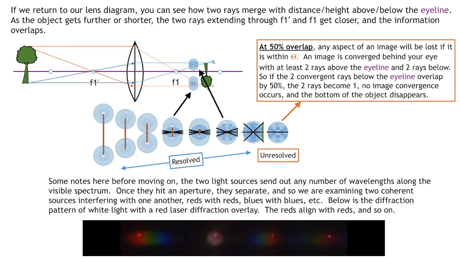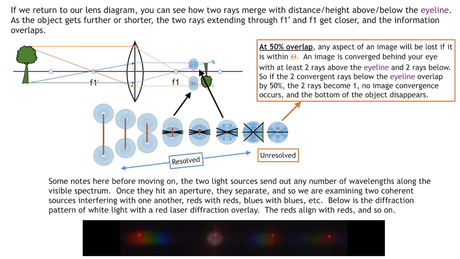and so you can see the 2 rays are a little closer together behind the focal point F1. And I've depicted those merging rays with the Airy disk pattern mergings that we just went through before, and you can see how the constructive zones get fewer and fewer with more and more angle divergence until you get to the unresolved 50% overlap point.